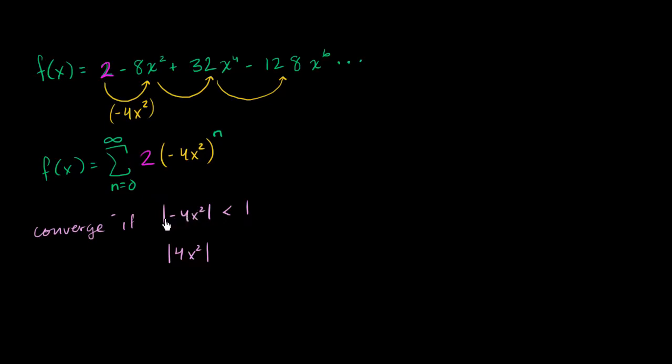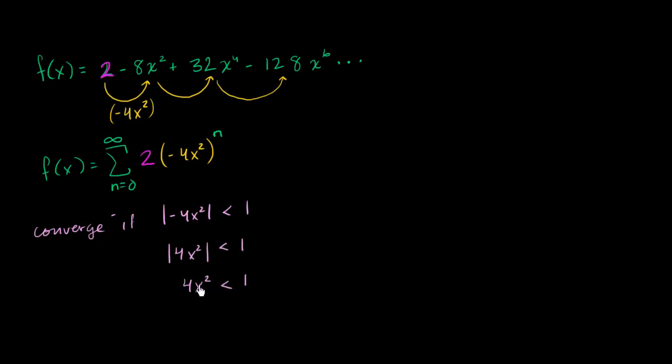So if you're taking the absolute value of a non-positive thing, that's going to be the same thing as the absolute value of the negative of it. And the absolute value of something that is strictly non-negative like this, well, that's just going to be 4x squared. These two statements are equivalent, and that has to be less than 1.